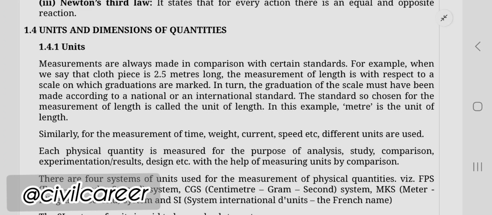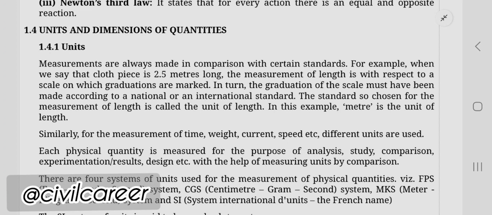Similarly, for the measurement of time, weight, current, speed, etc., different units are used. Each physical quantity is measured for the purpose of analysis, study, comparison, experimentation, design, etc., with the help of measuring units by comparison.